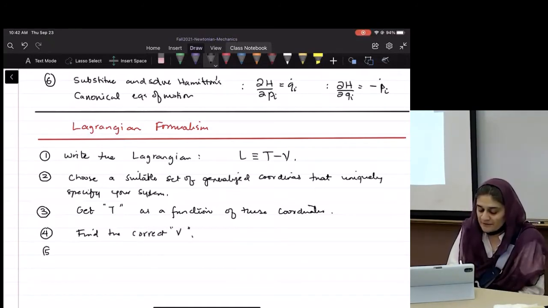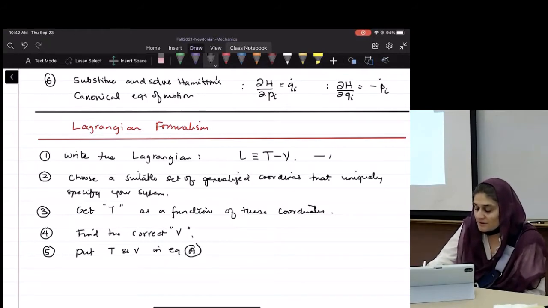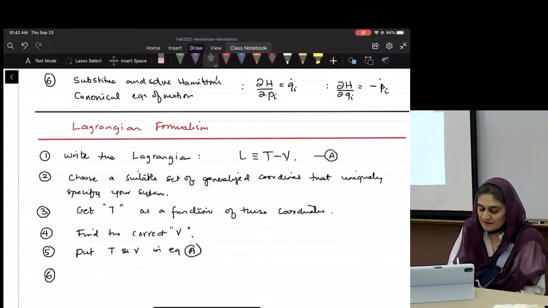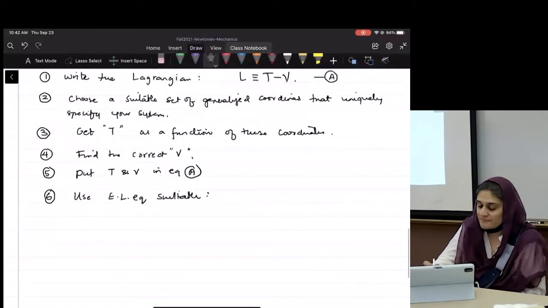Number five, put T and V into equation A. Let's call this equation A. And number six, use Euler-Lagrange equations suitable. And what were the two Lagrangian equations?